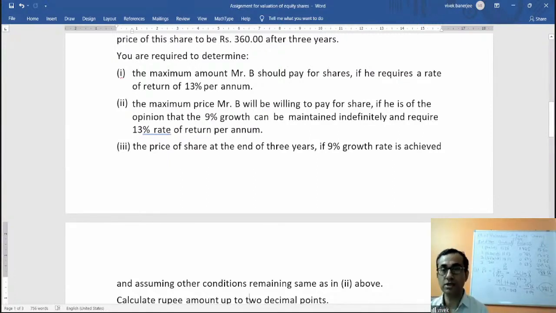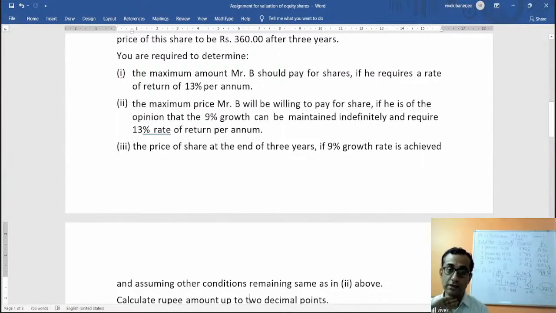You have to read this question very carefully, especially this part: price of share at the end of 3 years. It means price at the end of the 3 years or at the beginning of the 4th year. It will be P3. You have to calculate P3, or the terminal value in this case.